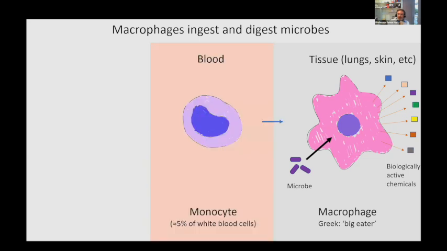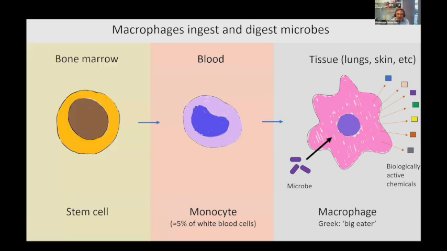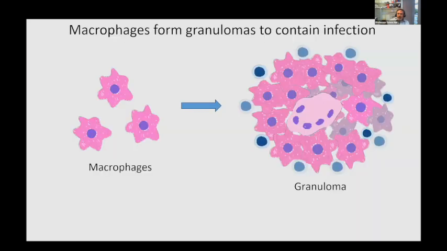The macrophage itself in the lungs or the lymph glands or other organs, skin, arises from circulating white blood cells called monocytes, which make up about 5% of the circulating white blood cells. And these themselves are derived from the bone marrow blood factory. So macrophages in some situations can clump together to form these granulomas, and they particularly do that if they ingest a bug that cannot be then digested.